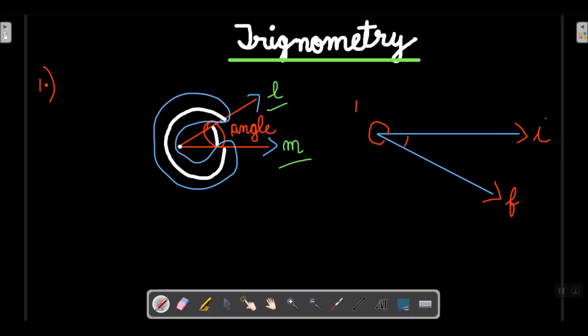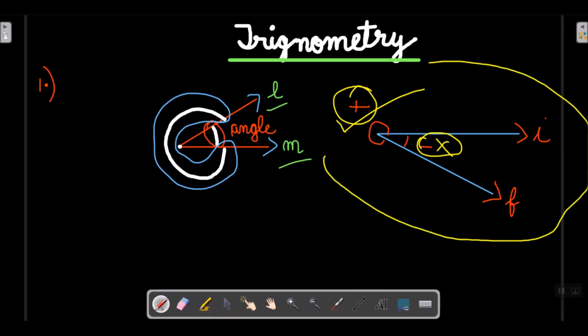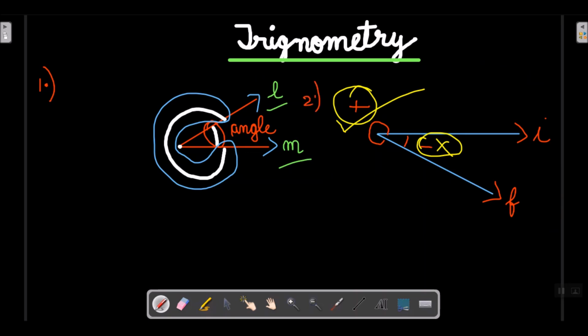So this one will be positive as anti-clockwise, this one will be negative, so we prefer to take the positive and not the negative, because negative is negative, positive is positive. So we will take positive. Yeah, so that's the thing. So this is the thing, reflex angles and the normal angles. Okay. So the first point and the second point will be this.